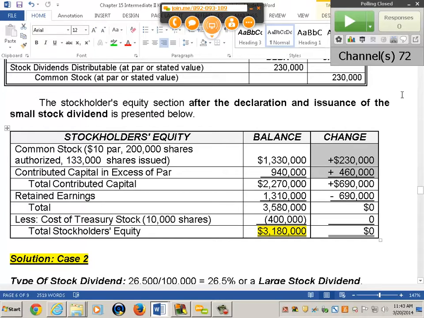Then, of course, if you take away the treasury stock, you now have 123,000 shares outstanding, which is nothing more than the original outstanding shares added to the 23,000 of the stock dividend. And then finally, before we go to the second case, the book value per share, as we said, total book value won't change.